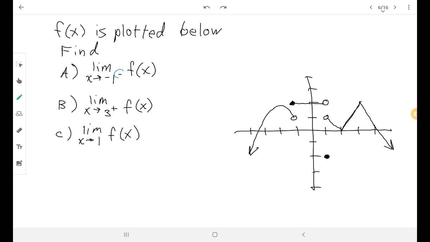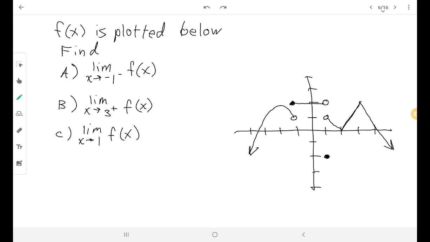As you start from, if you want to think of it this way, negative infinity. And then this one is as you approach from the right. That is, as you start from positive infinity and move back towards the point.